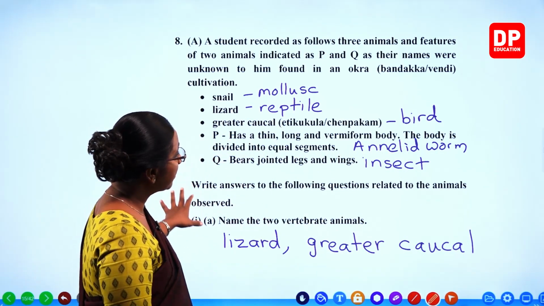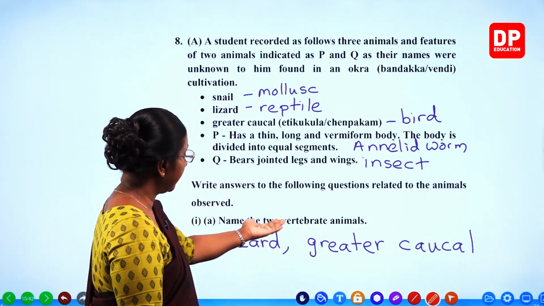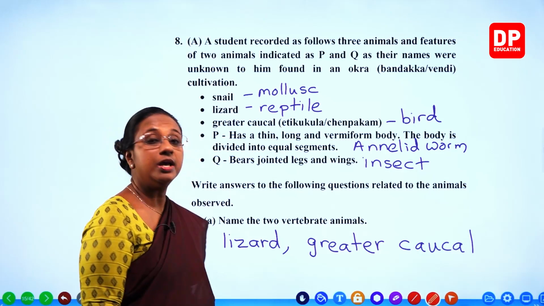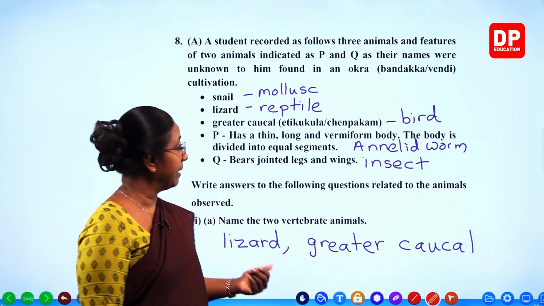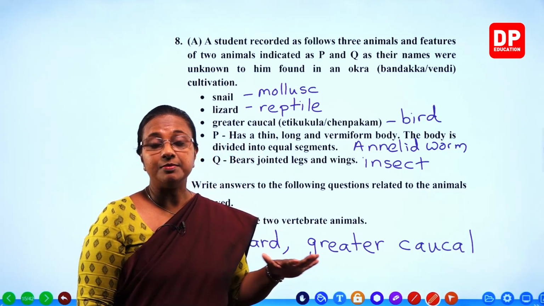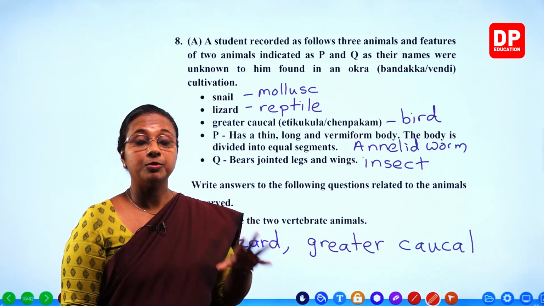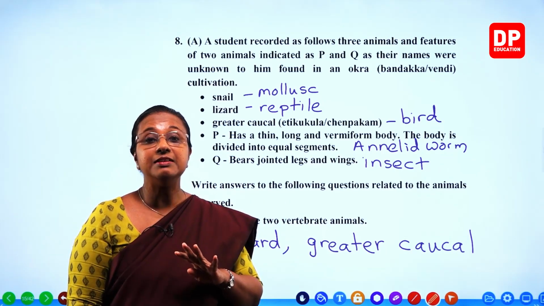So you identify the animals, you identify their group, and then you can relate them to whether they are vertebrates or invertebrates. And you all know why they are classified in that manner. Now Mollusca, Annelida, Arthropoda, those animals do not have a backbone or a vertebral column. That is why they come under invertebrates.